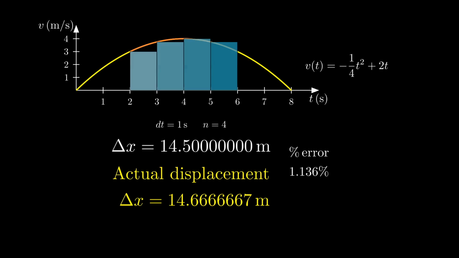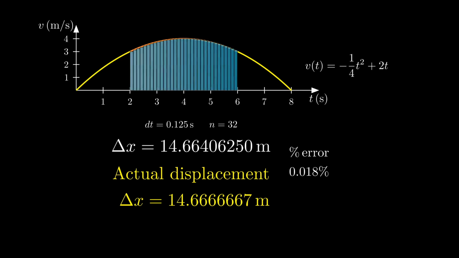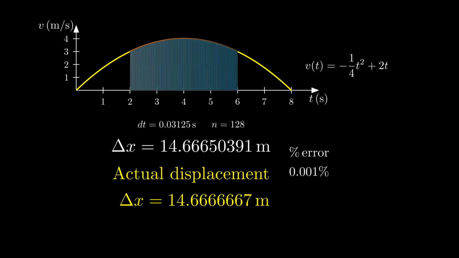How can we improve our approximation? The solution is to make the time steps we use to approximate the velocity versus time curve smaller and smaller. We can break the segment into 8 rectangles using time steps half as big as before, then 16 rectangles, 32 rectangles, 64 rectangles, and finally 128 rectangles until we have an estimate of the displacement that is about 1/1000th of 1% below the actual value.